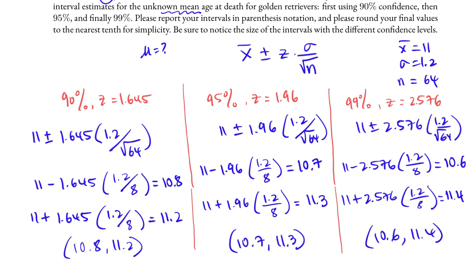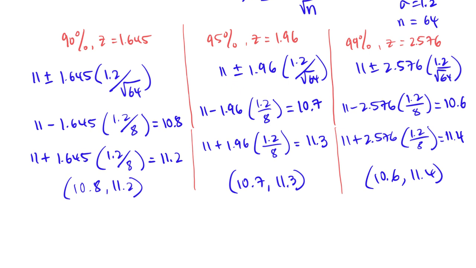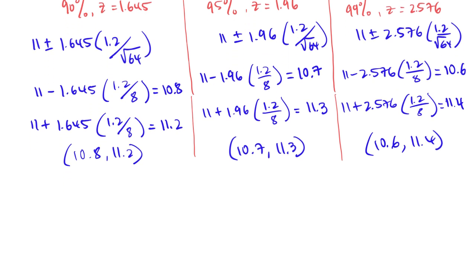Now, to compare the sizes of these confidence intervals, we need to see how they look on the number line. On the number line, for example, from 10.5 to 11 to 11.5, we see that for the 90% confidence interval, it is 10.8 to 11.2.